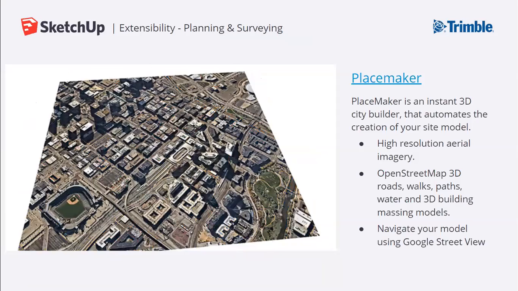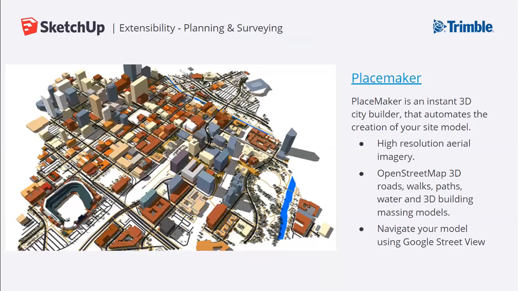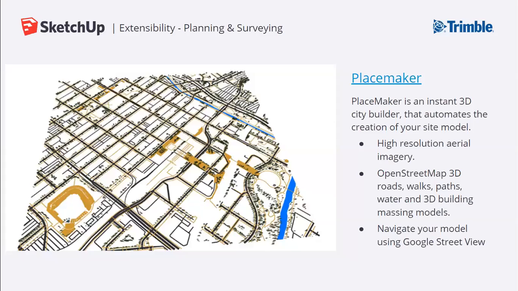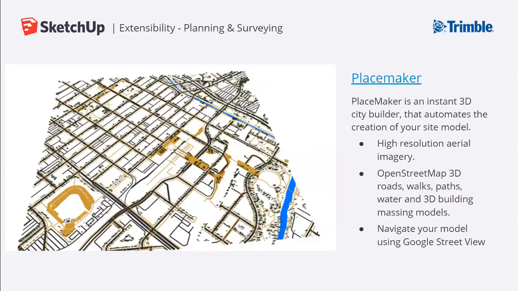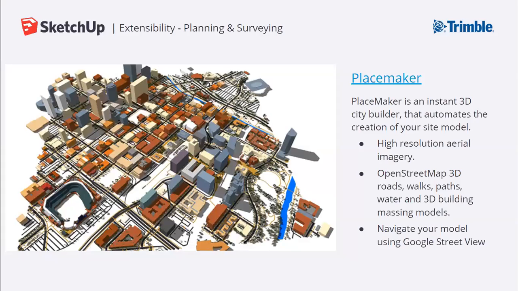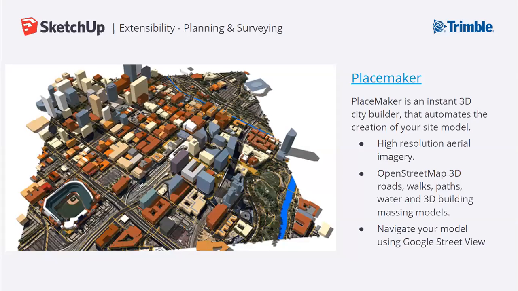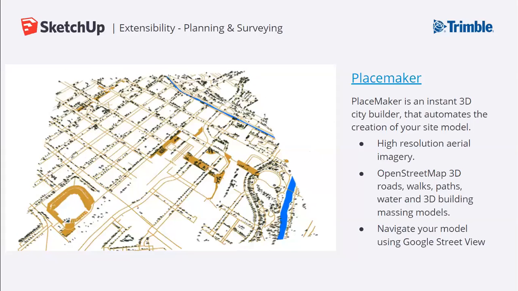All that, it normally takes from OpenStreetMap. You can do 40 hours of work in around 4 minutes just by populating throughout your design. So it's quick to use.